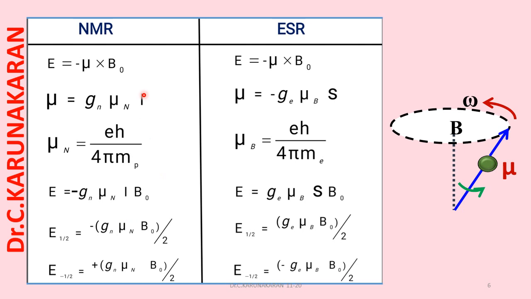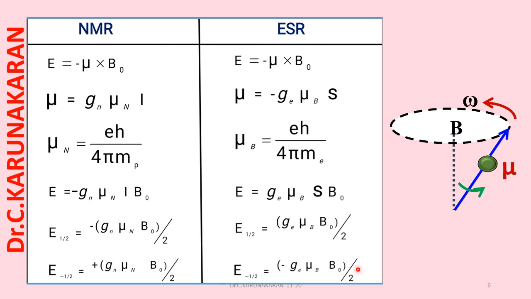Now on substituting I equal to plus half in this expression, E equals minus Gn mu n B naught by 2, and on substituting I equal to minus half, E equals plus Gn mu n B naught by 2.